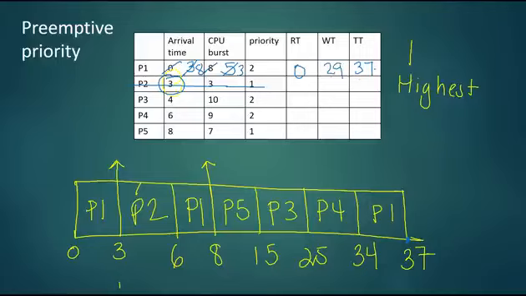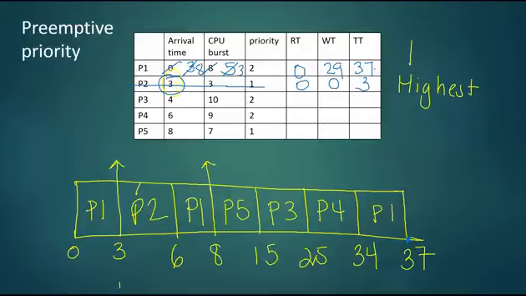It didn't wait in the beginning because it was the only one there, but it did end up spending 29 time units in the ready queue waiting for the CPU. Now P2 arrived at time 3, got the CPU right away, never waited at all, and was active in the system for a total of 3 time units, all of that time on the CPU.